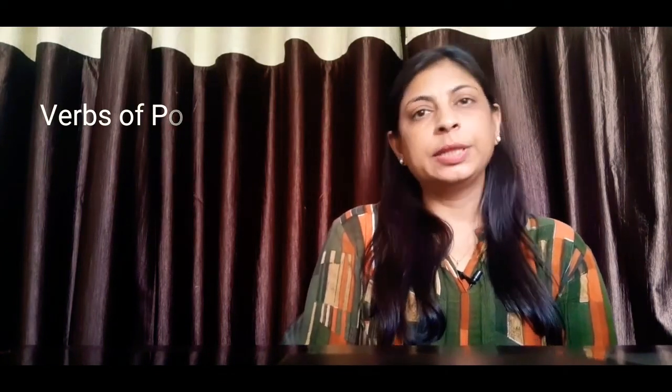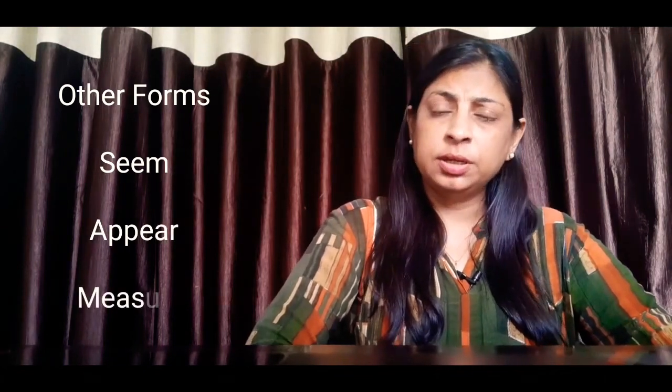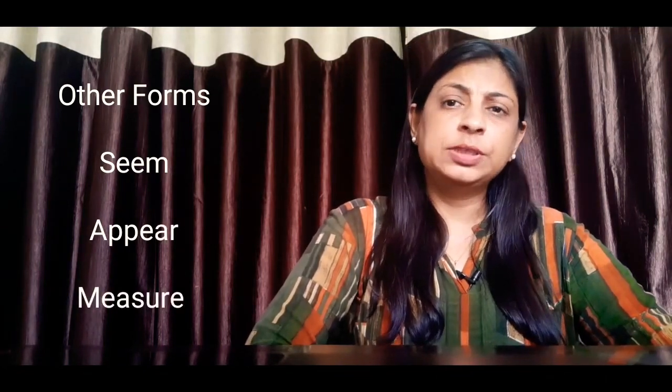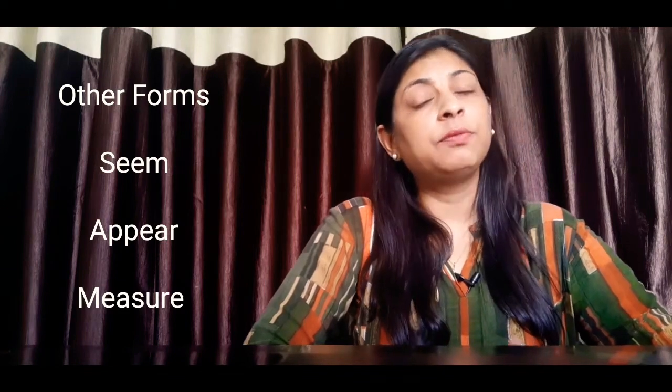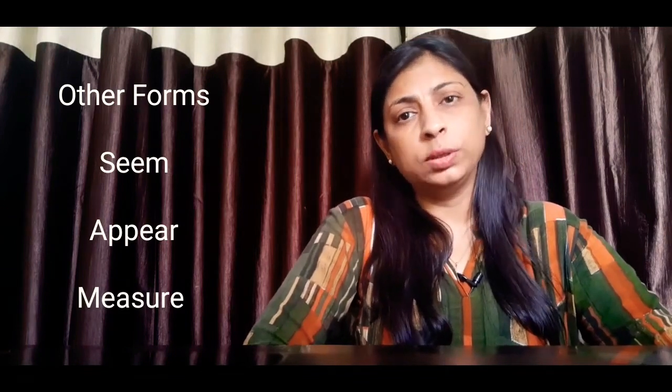Then next one, there are some other verbs also like appear, seem, measure. The weather seems very cool today. The weather is seeming very cool today is actually an incorrect sentence. We will say only the weather seems very cool.